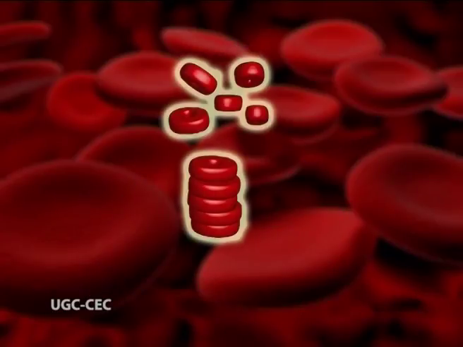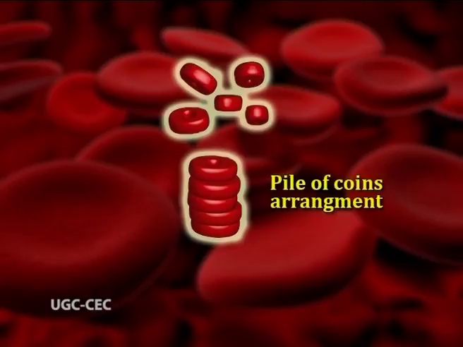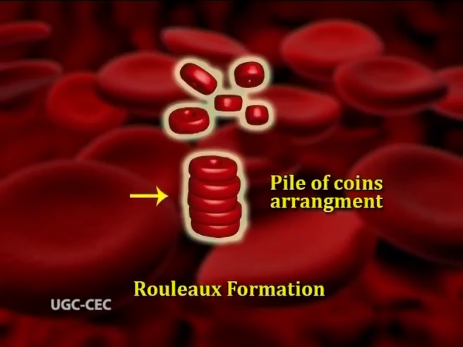When a column of blood stands undisturbed, there is a tendency of red cells to aggregate together in a peculiar pile-of-coins arrangement called rouleaux. This is the stage of aggregation. Rouleaux formation: the red blood cells are negatively charged as they remain suspended in the plasma.